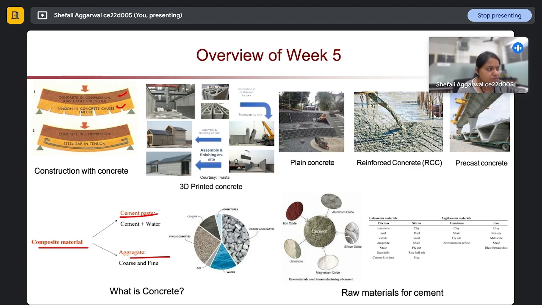We are using cement, fine aggregates, coarse aggregates, admixtures, and water. Almost two-thirds of our concrete consists of coarse aggregate, and if we see the total aggregate content, it is more than 70%. So almost 70% of our concrete consists of aggregates.